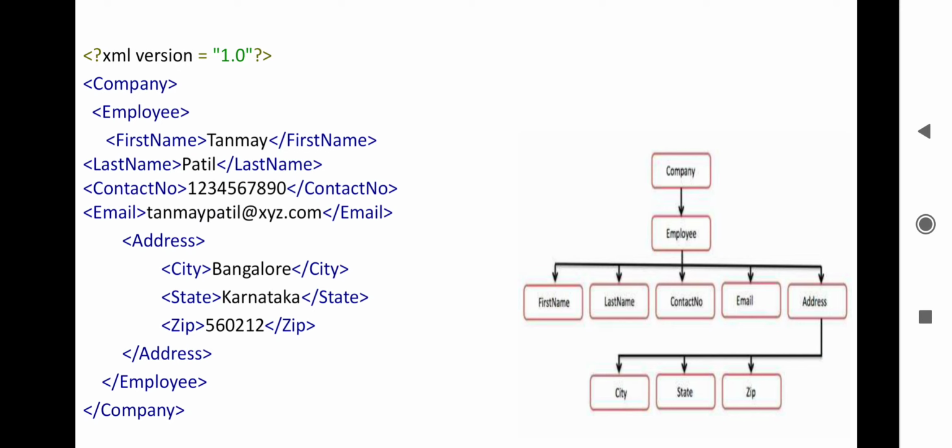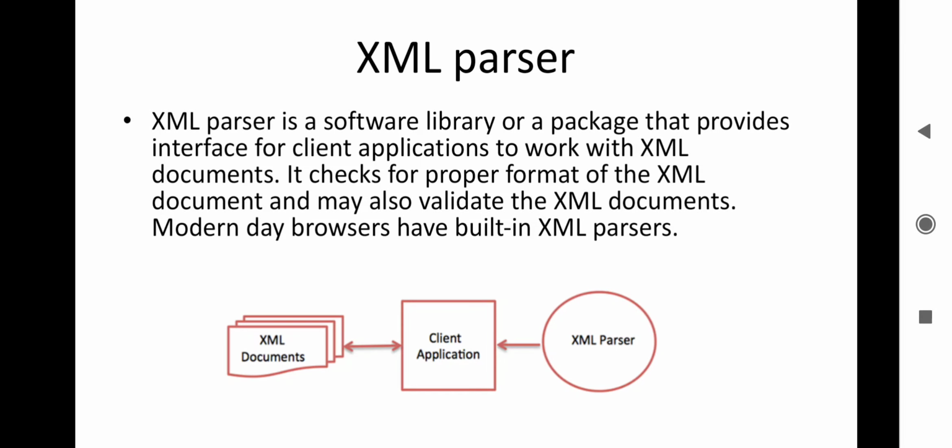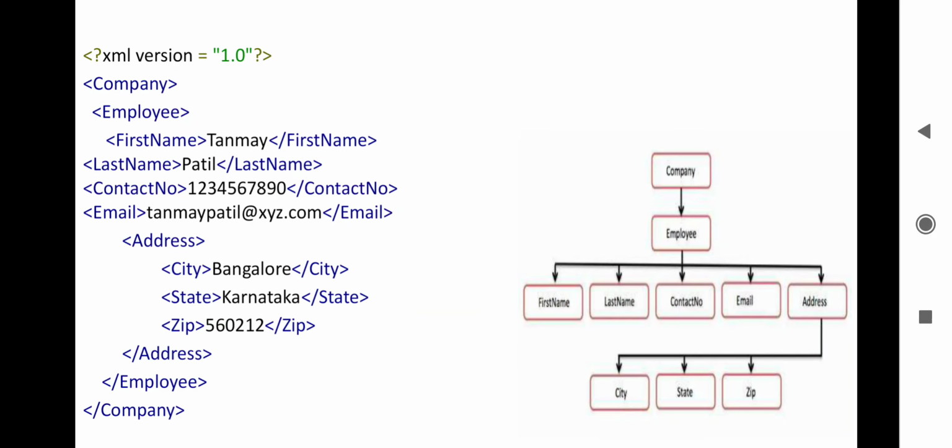So you can take the company, then grandparent, parent, different children, and siblings. You can take the information like this. Company is the root element, then employees, and in that employees different elements are included. This is about the XML tree structure and total XML document structure.